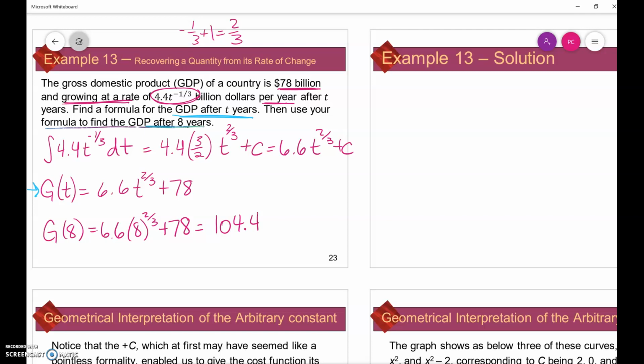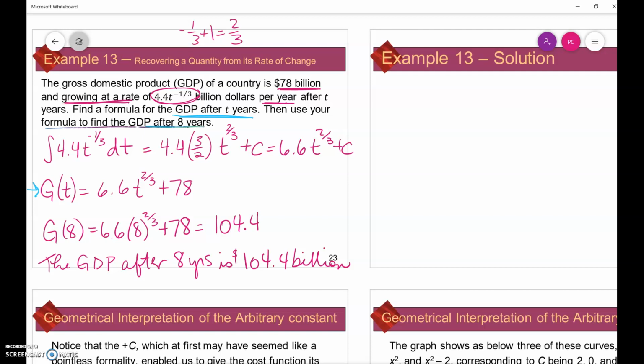So that means after 8 years, the GDP after 8 years is $104.4 billion. Okay.